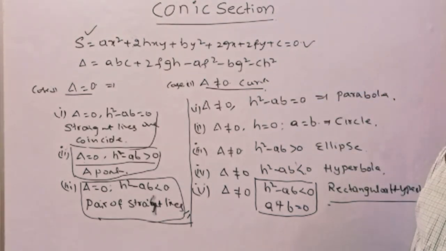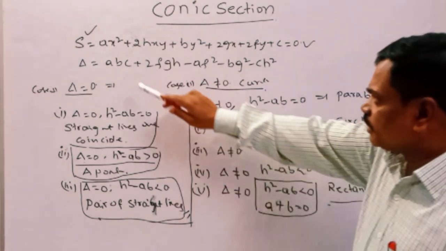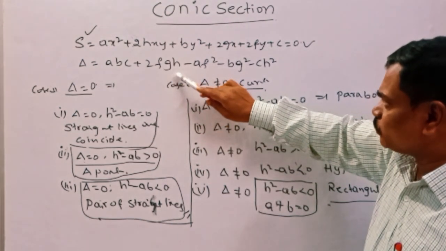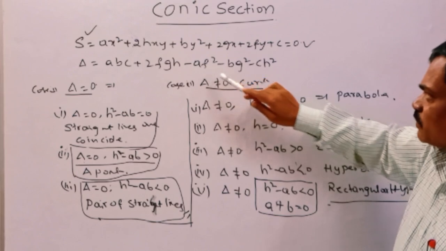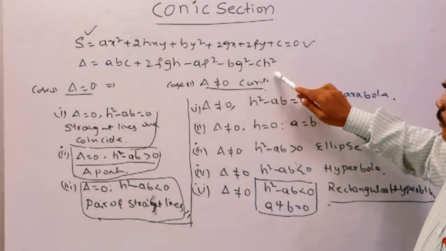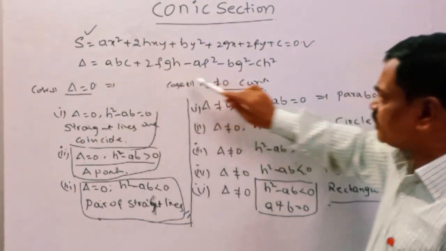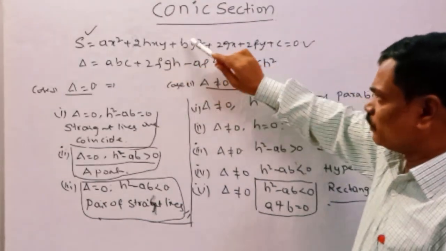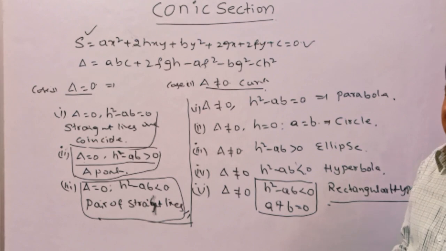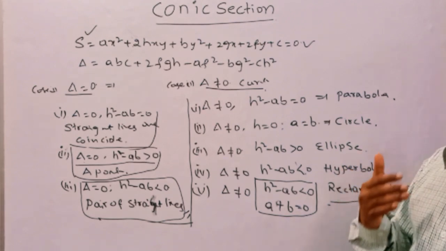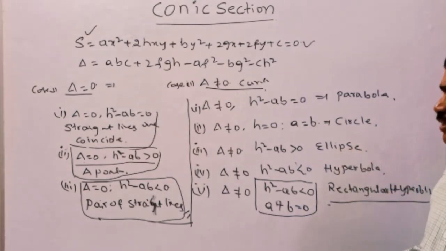Delta = abc + 2fgh - af square - bg square - ch square is the discriminant of the conic section. Discriminant decides the nature of the conic section.